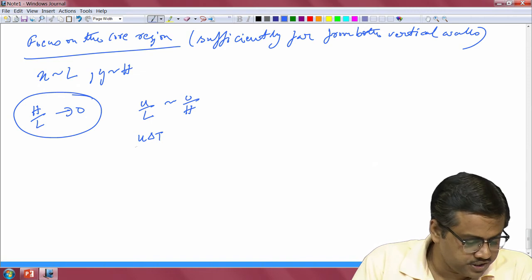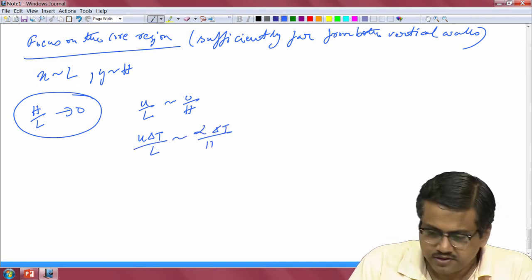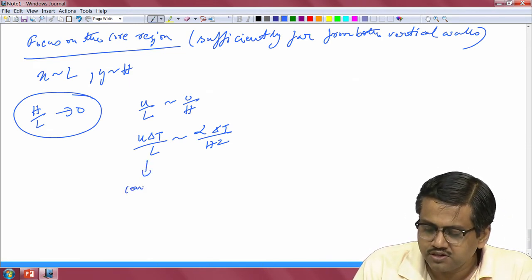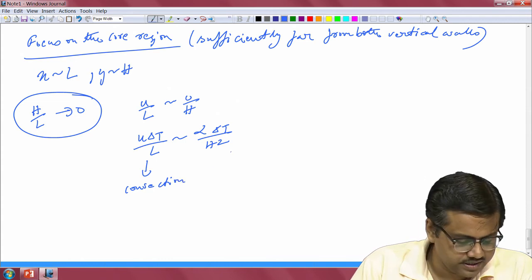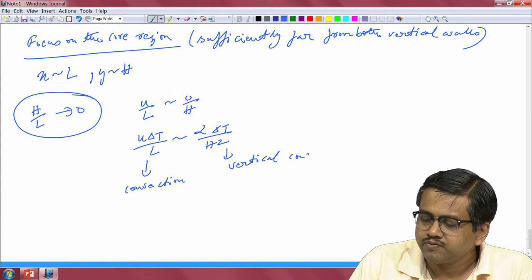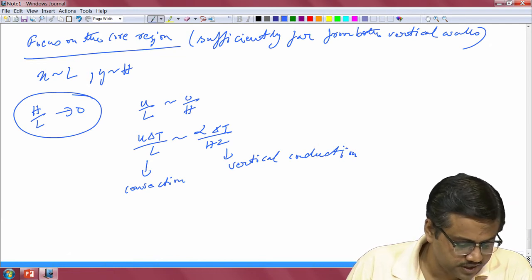Then from the energy equation you get the second scaling. This is convection and this is the vertical conduction. Remember, this is vertical conduction, that is why the height H has been taken into consideration here.